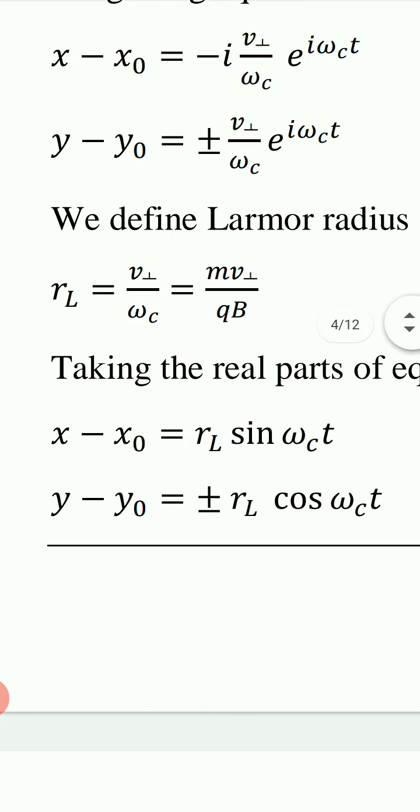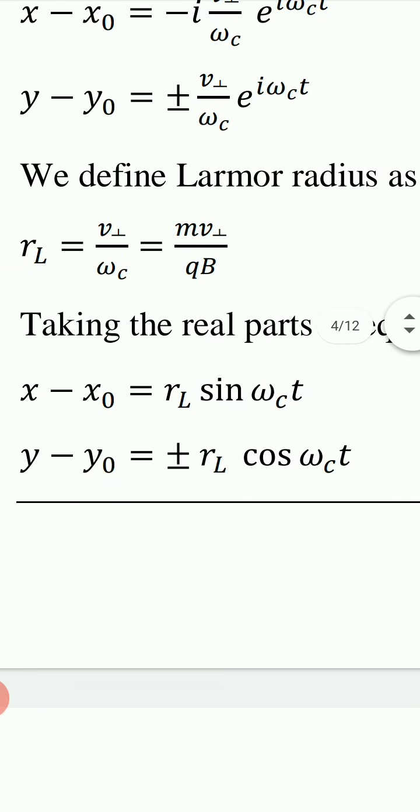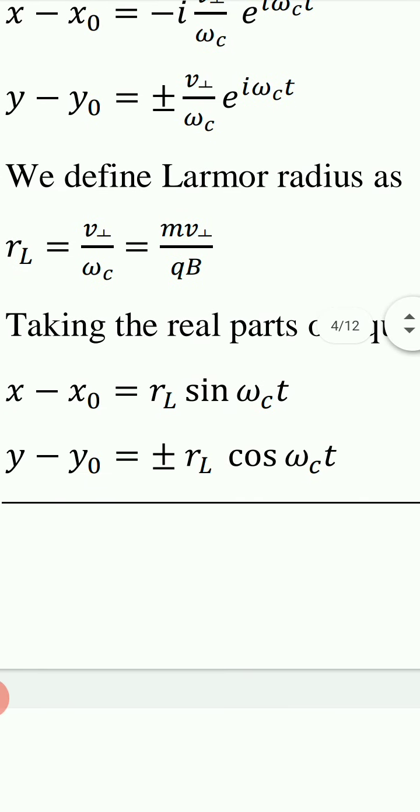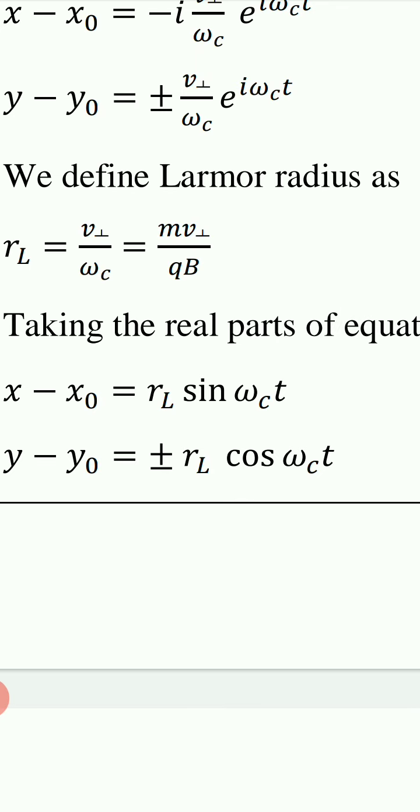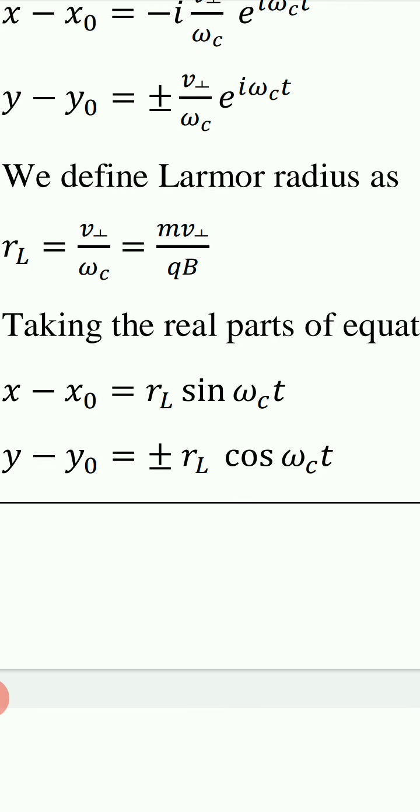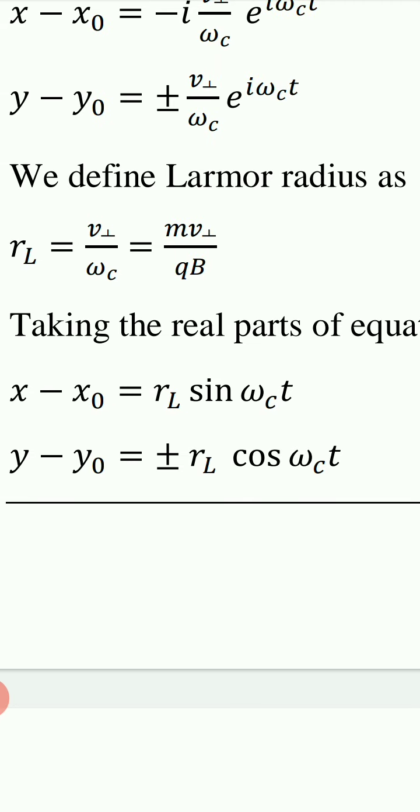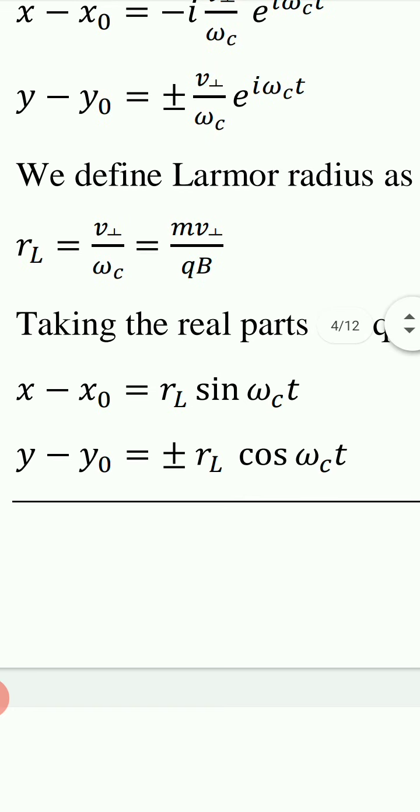Now we define Larmor radius as RL, L for Larmor, R for radius. We define Larmor radius equal to v perpendicular upon omega c. v equal to omega r is the relation between linear velocity and angular velocity. From this relation, we have r equal to v upon omega.